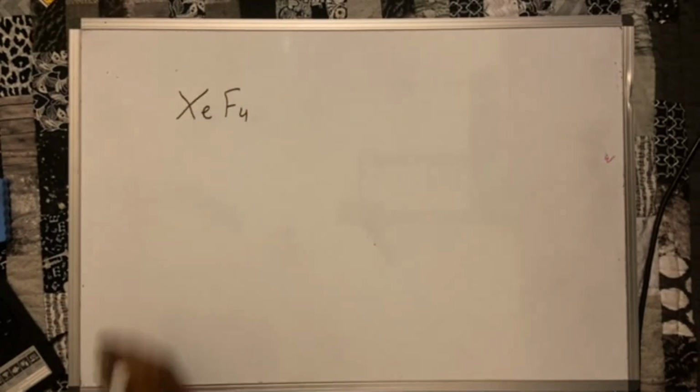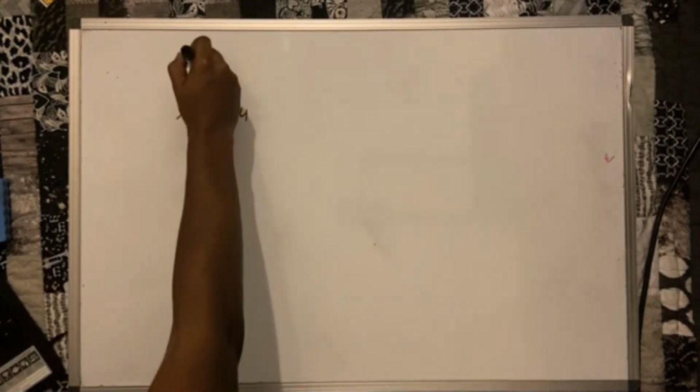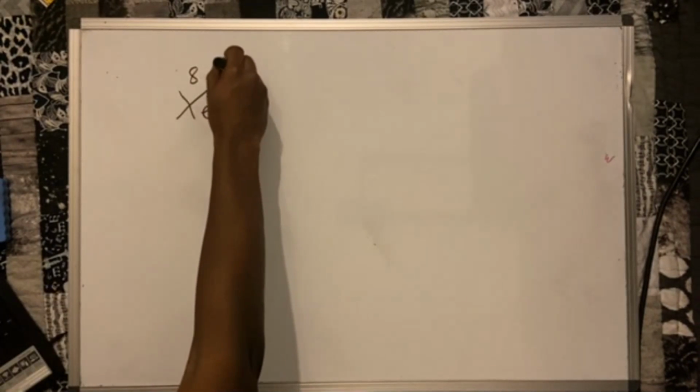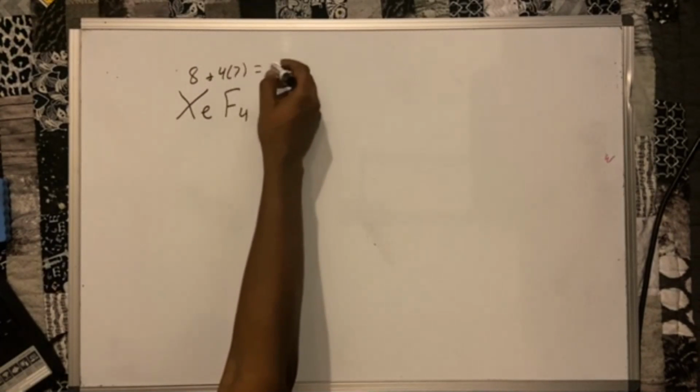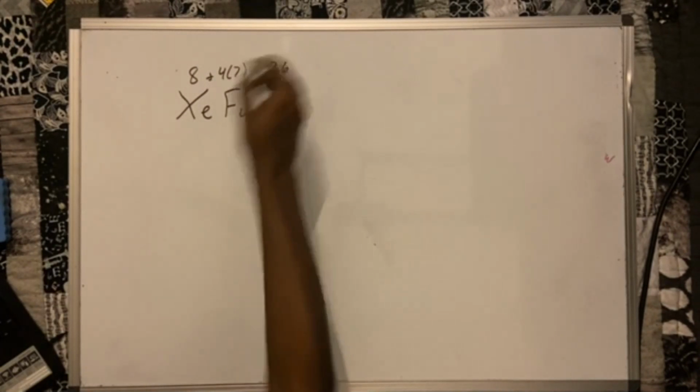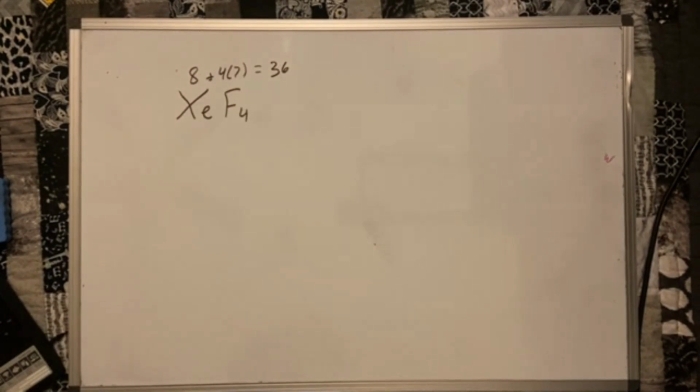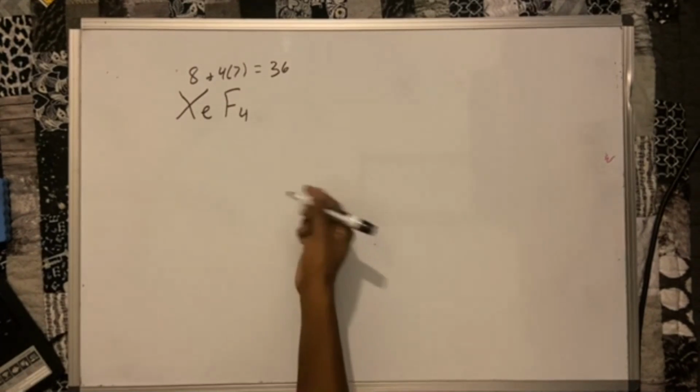So let's see, how many valence electrons? I think xenon has 8. Yep, xenon has 8, fluorine has 7, so 8 plus 4 times 7. What's that? 28, 36. All right, so hopefully someone's fact checking my math.